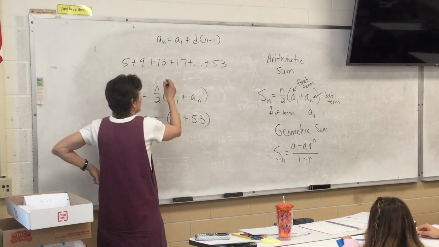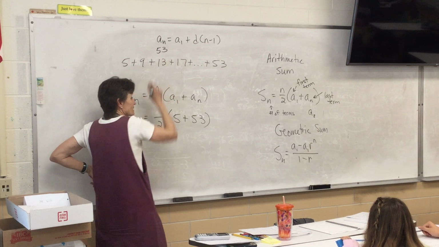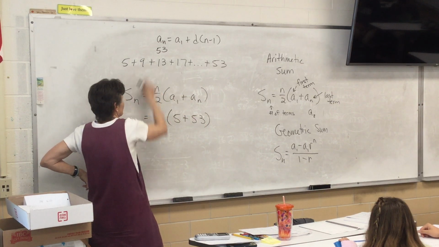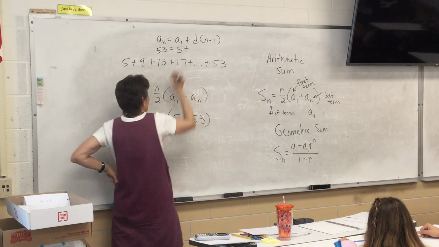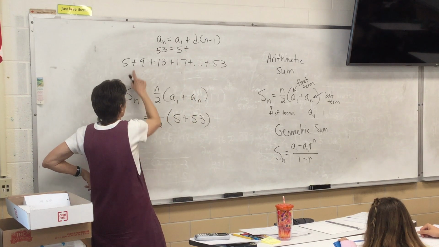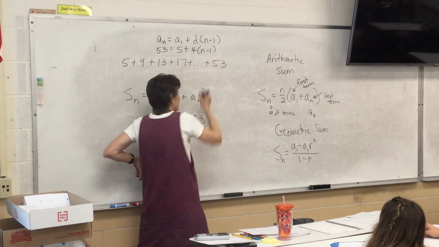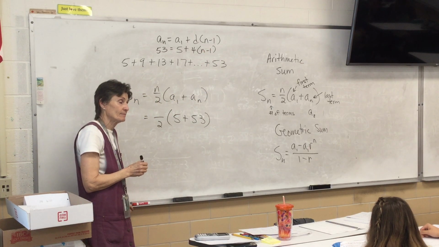I know that the last term is 53. Remember, A sub n is last term. It's 53. I know the first term is 5. I know the common difference is 4. Can I solve that equation and figure out n? Yeah. I can.